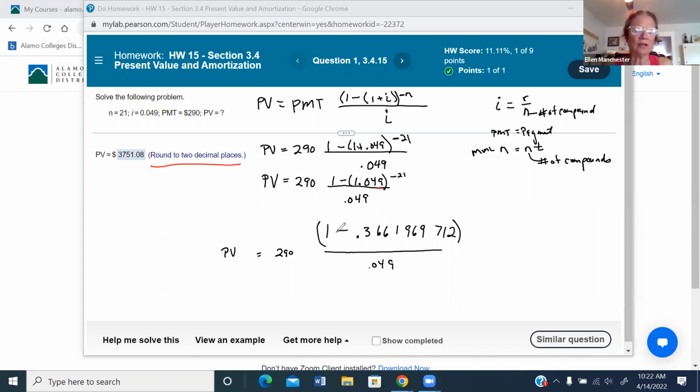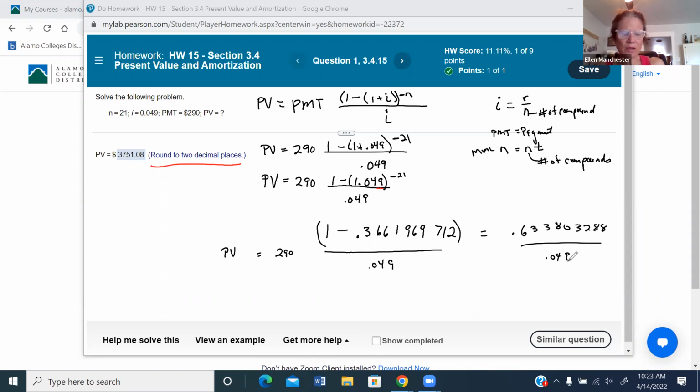Now, some of you are going to do this because you're not trusting that what I'm telling you is true. You're going to take your calculator and go 1 minus 1.049 raised to the negative 21. Sometimes it works, sometimes it doesn't.